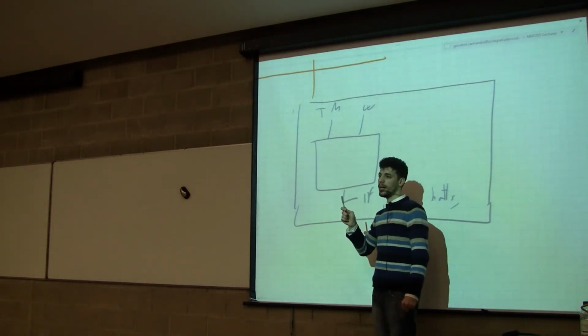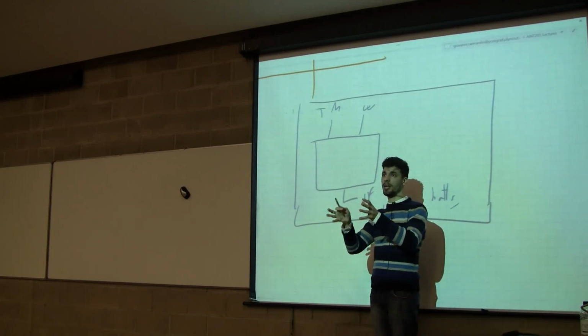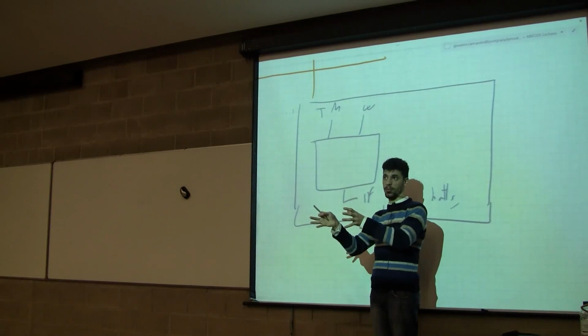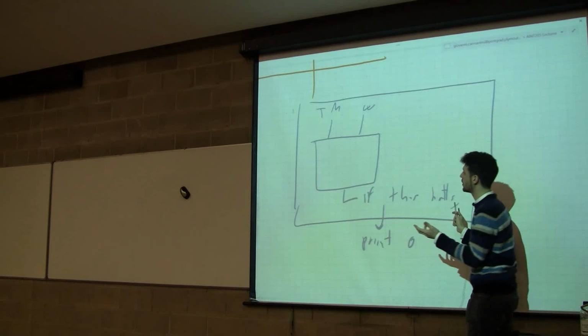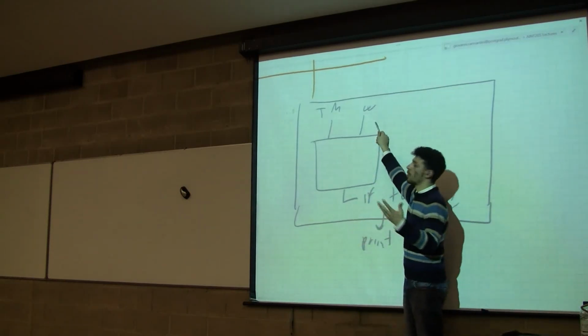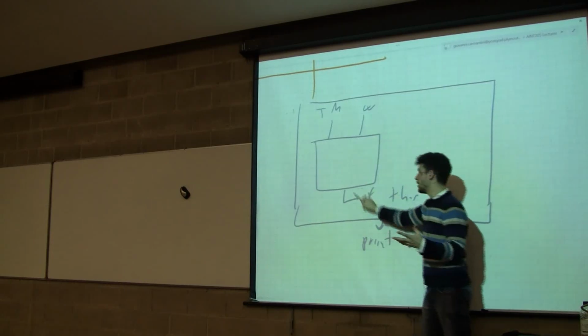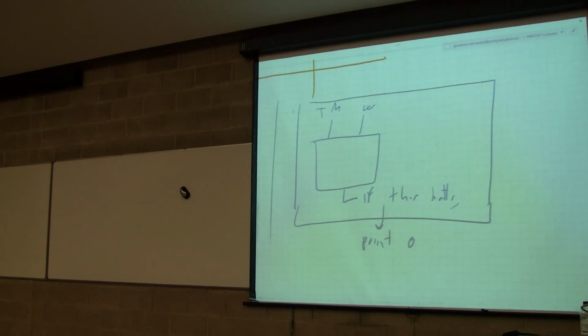if you had a solution to this problem, so the problem is, can you tell me if this algorithm will ever print 0? If you had this, you could build a machine like this: a machine that simulates some Turing machine with some string, and if it halts, it prints 0. So this is a piece of code.